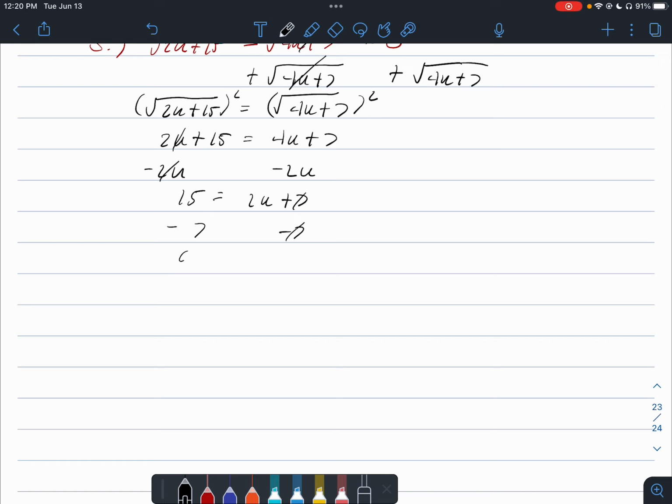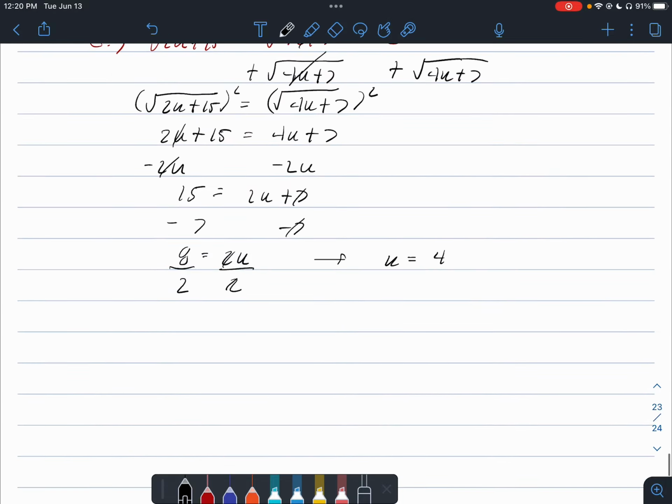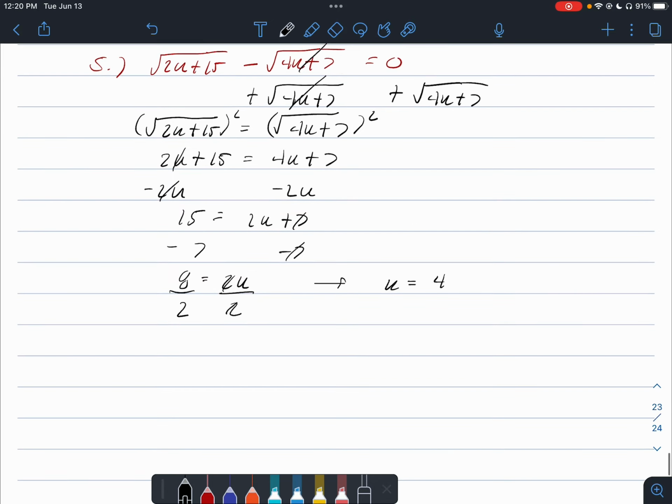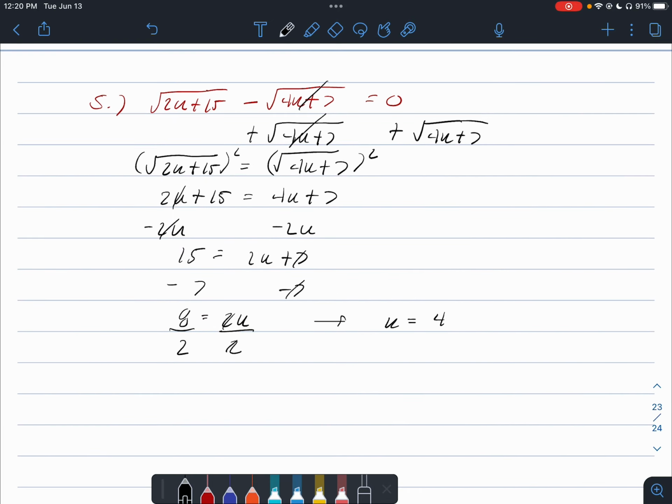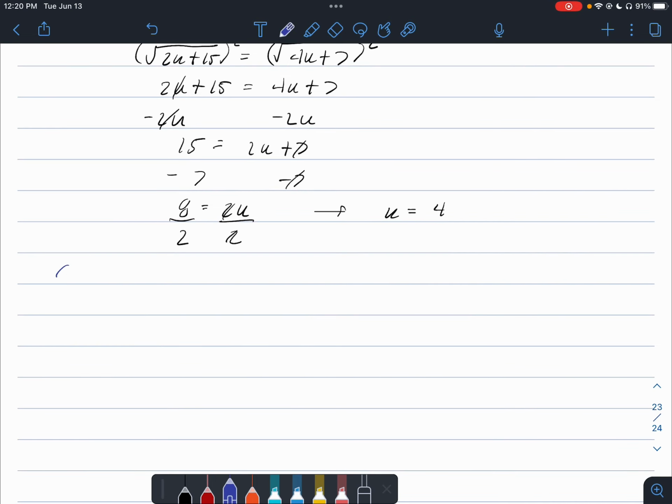And we're going to get that 8 is equal to 2u, where we can divide by 2 on both sides, and we'll get that u is equal to 4. Now, if this is true, then we should be able to plug it back into our initial equation, and that should make sense. Okay, so let's go ahead and check our answer.